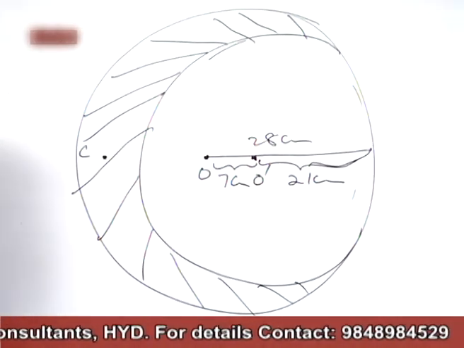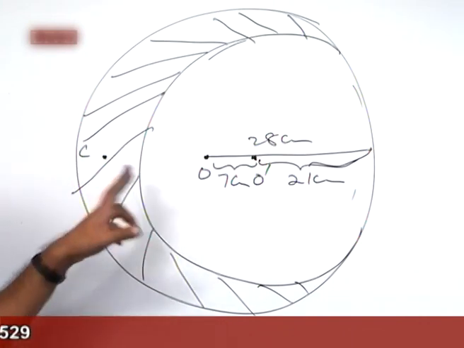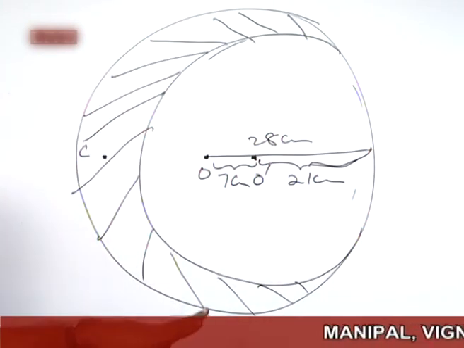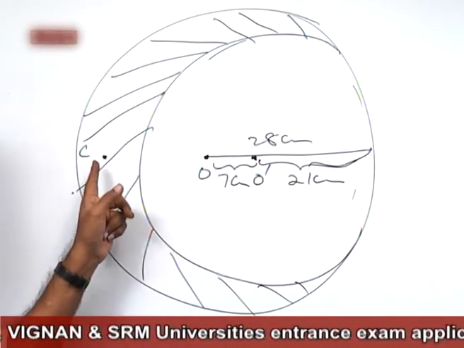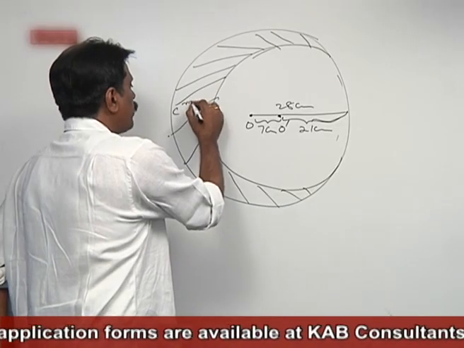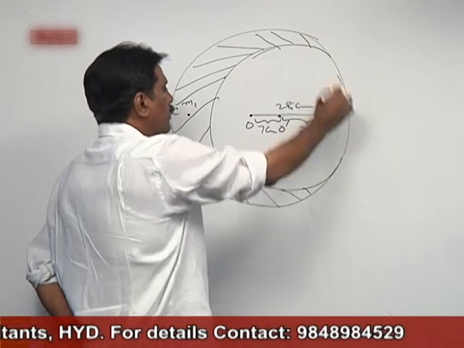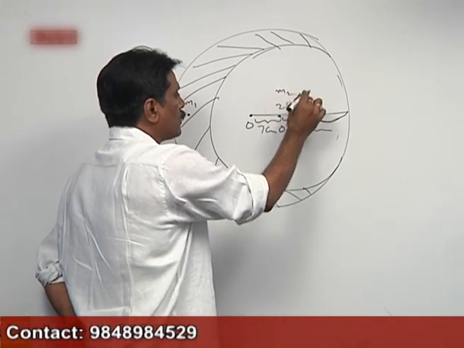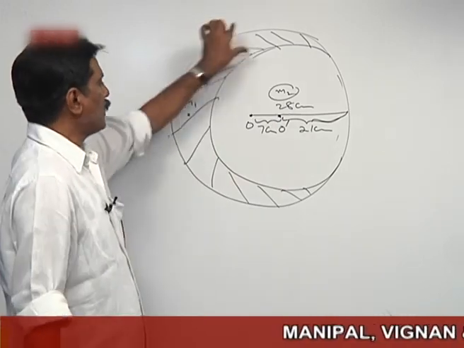So, the question is: find the center of mass of the remaining portion. Let the mass of the remaining portion be M1, and the removed plate mass be M2.